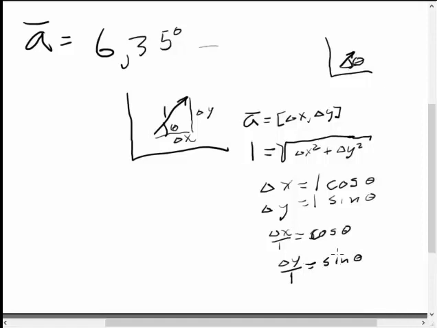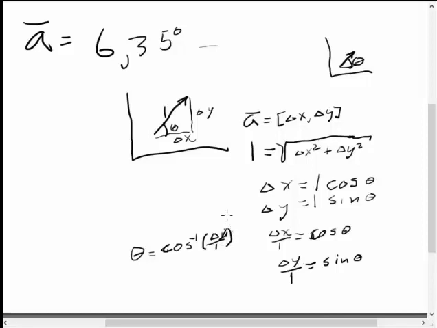If I know what my x and y are, I can compute my L. If I know what my x and y are, I can also compute my theta. Theta is equal to the inverse cosine of delta x over the length.